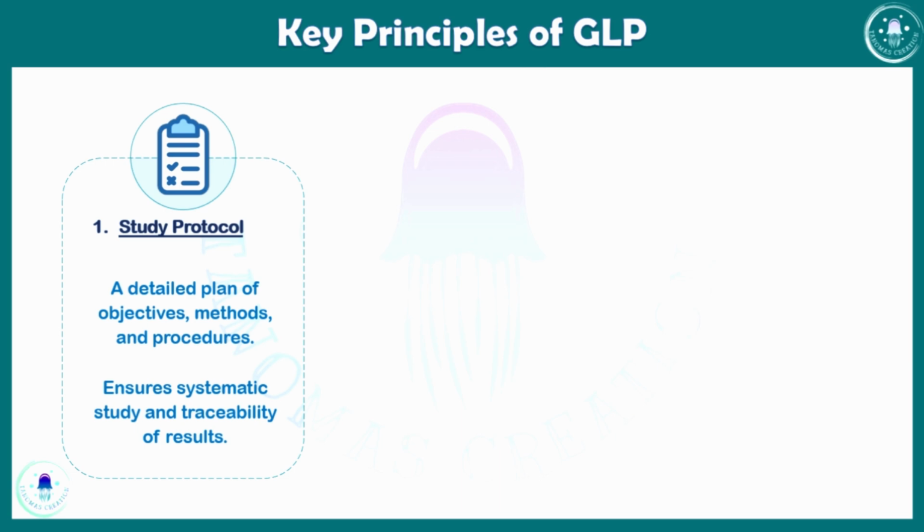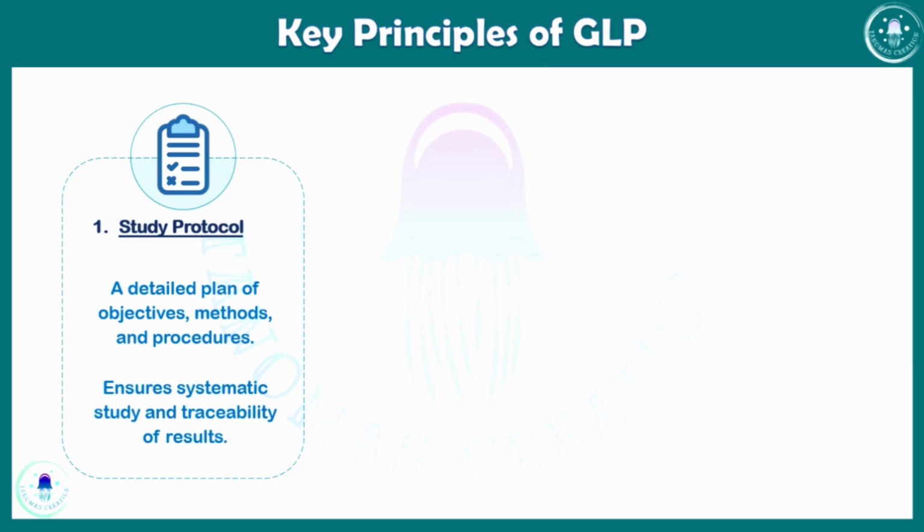This ensures that the study is conducted systematically and that all the results can be traced back to the specific procedures. So everything should be well preserved, well written, and well followed.